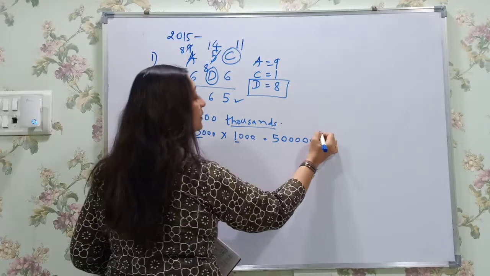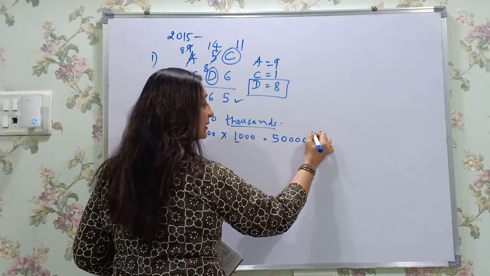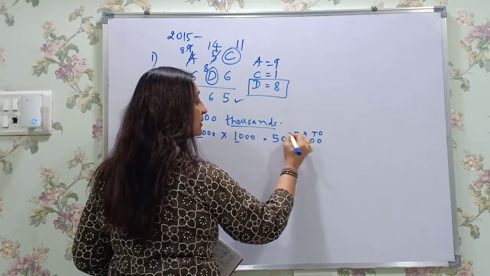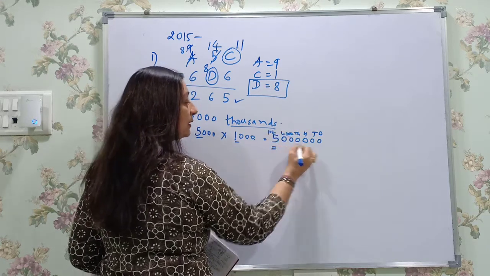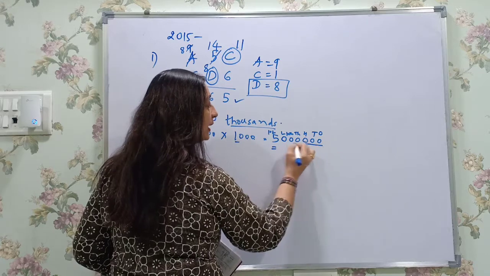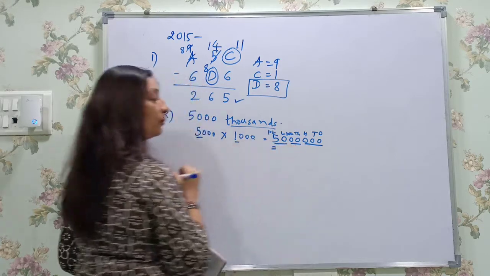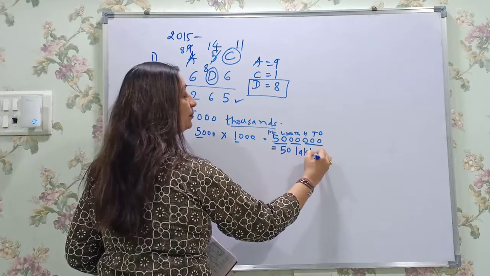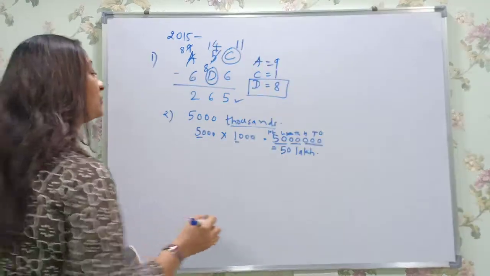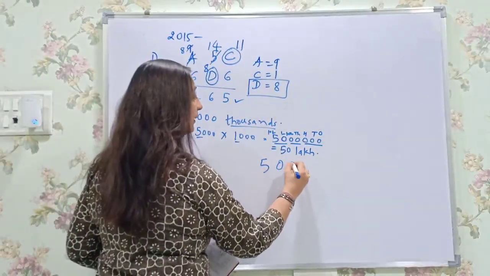Now put the place values. Ones, tens, hundreds, thousand, 10,000, lakh, 10 lakh. So this is a group of 3, this is a group of 2, and this is a group of 2. Have you understood, kids?